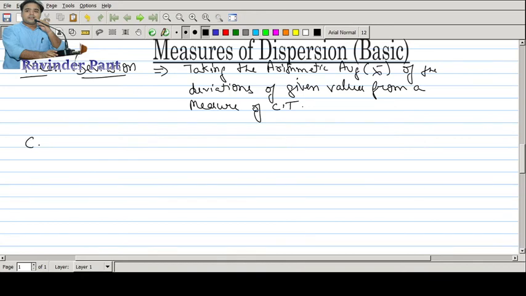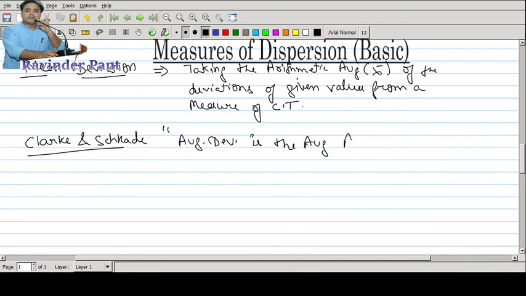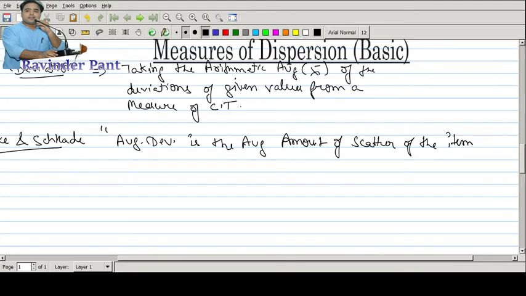So the definition given by Clark and Schkade is that this average deviation, where you are calculating the deviation and then averaging out the deviation, is nothing but the average amount of scatter of the items in a distribution from either, and this is a point to note, from either mean or median.